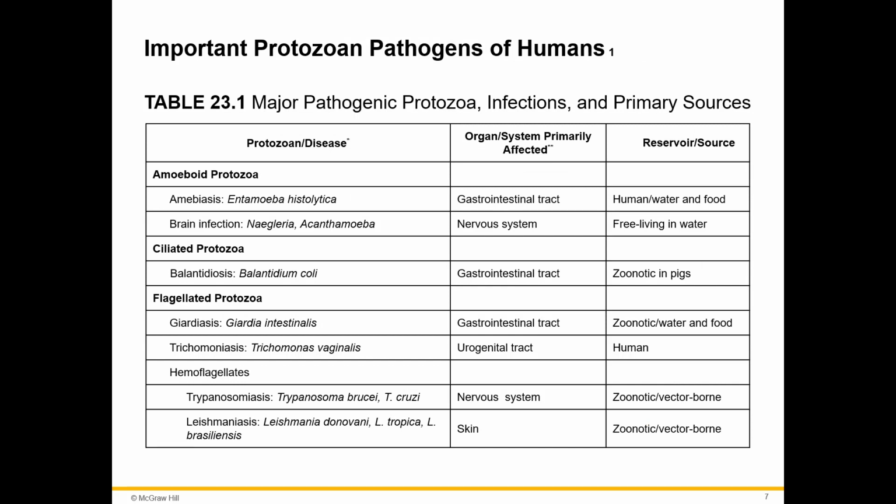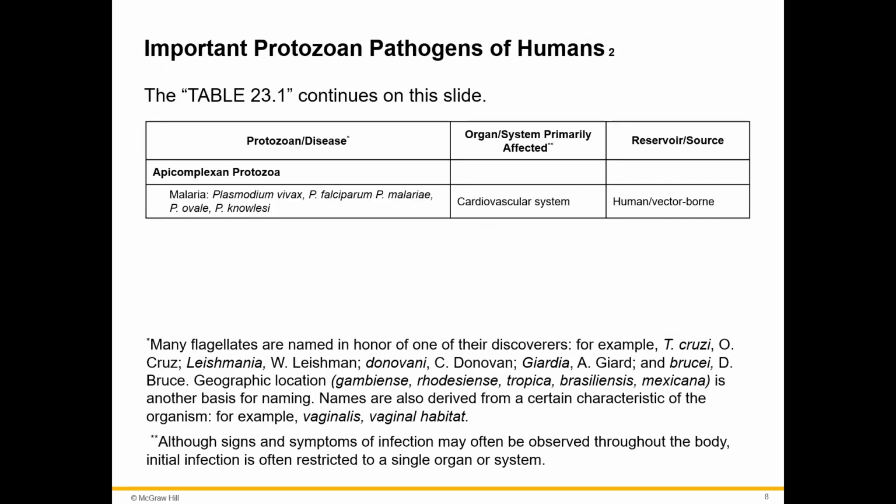So we have these different kinds of organization for our protozoans: the amoeboid type, the ciliated types, and then the flagellated types, and all of these will occur in different scenarios. Then we've got our apicomplexans, like what we went over in lab, guys. They're going to be causing different types of infections.